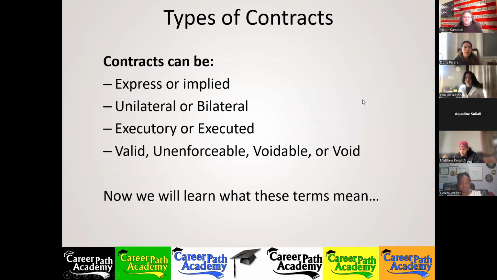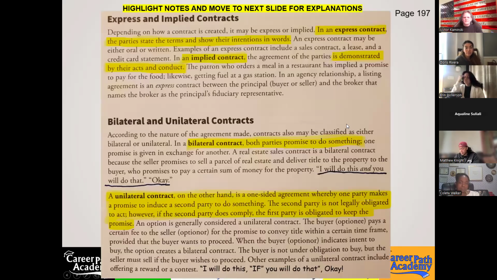Okay, so contracts, they could also be express or implied, unilateral or bilateral, executory or executed, valid, unenforceable, voidable, and void. So now we're going to learn what those terms mean. Let's first do the highlights of them and then write the little notes where I made little notes. And then we'll go on to the next slide and we'll go over each one of those with my definitions, which are a bit clearer than some of these here.